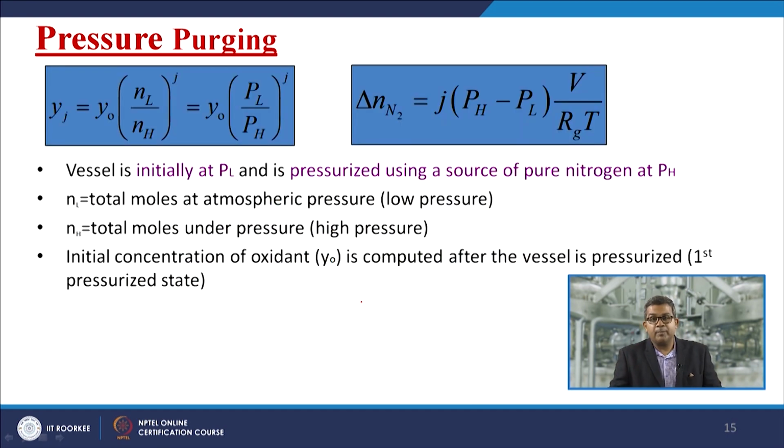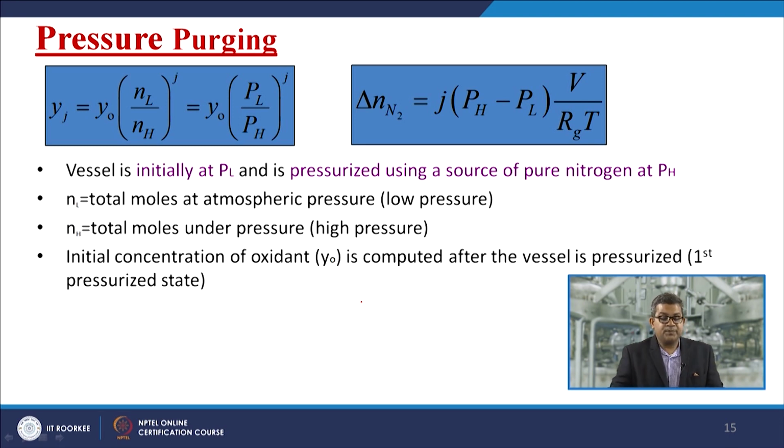Again we have the mathematical representation for calculating the concentration after J cycles. Yj is equal to Y naught into (NL upon NH) to the power J, equal to Y naught into (PL upon PH) to the power J, and the total number of moles of inert nitrogen added is delta N nitrogen, equal to J into (PH minus PL) into V upon RgT.